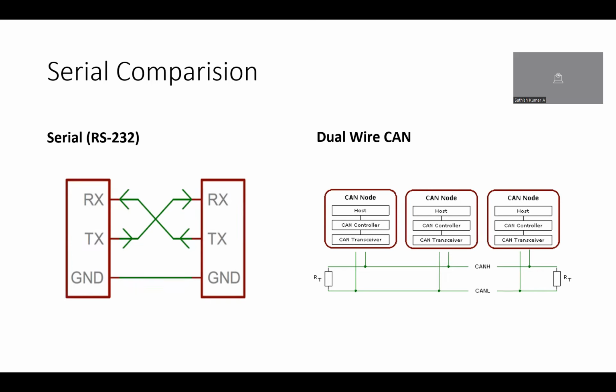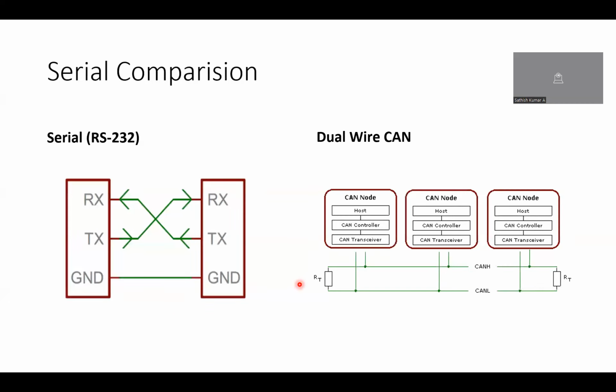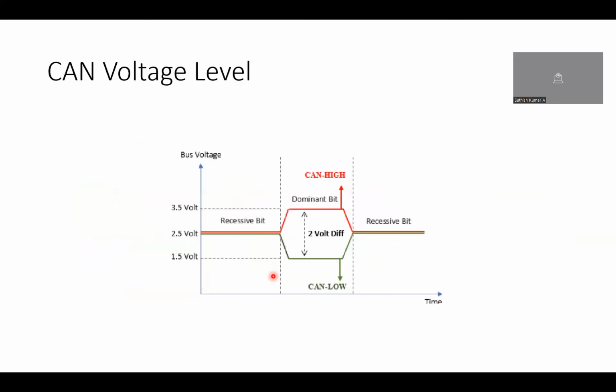Similarly, for dual wire CAN, we have CAN high and CAN low connected to each and every CAN node controller. The RT mentioned here is the termination resistor.